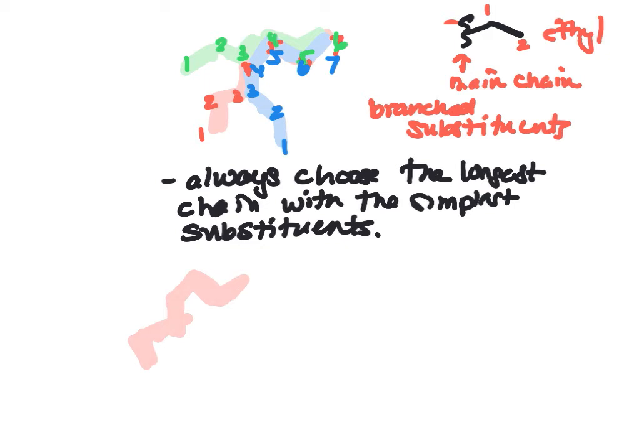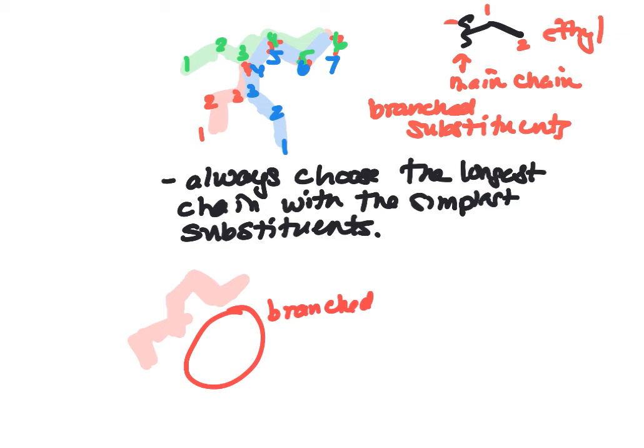If you look at our path in red, we would have two substituents. An ethyl substituent, 1, 2, and then this complicated branched substituent. The way we would name the branch substituent is we would look at how many carbons are coming off the main chain.